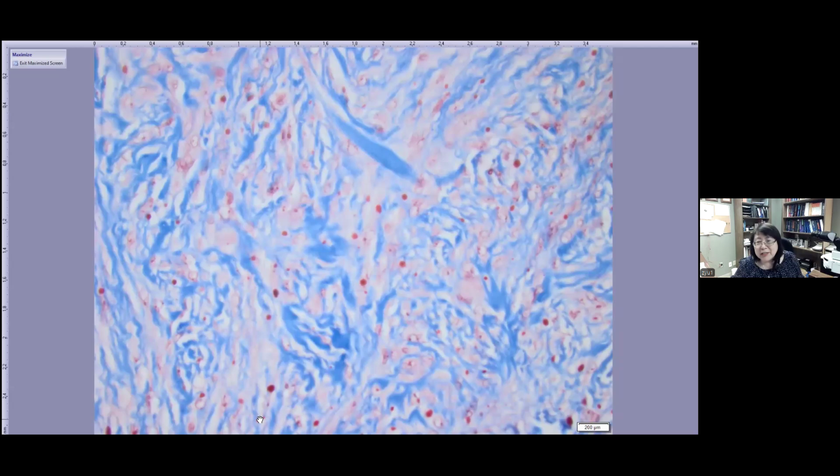If recurrent, conservative re-excision. So it's not malignant, although recurrent. So it's a good disease to make a diagnosis. Any questions about this? Inclusion body infantile digital fibromatosis. And this one also beta catenin is usually negative.